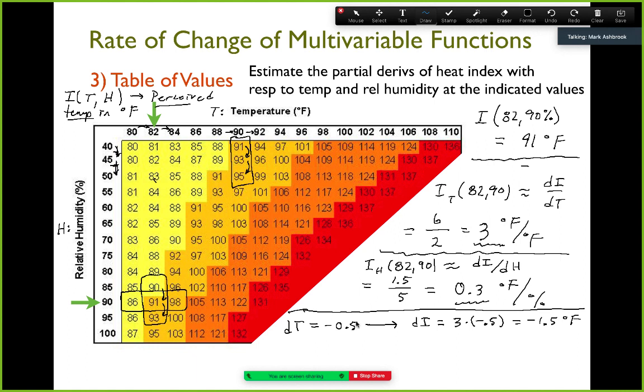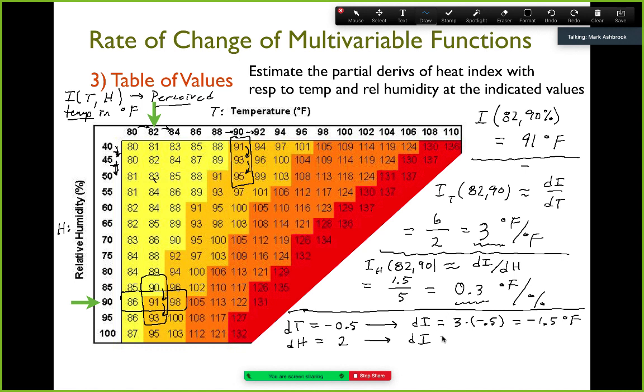All right. What would you say if the humidity went up by 2%? So say we're here, 82, 90 degrees, and the humidity goes up by 2%. It would feel like the temperature went up by 0.6. Okay, so now they're changing, and we have the rate of change, and we have a change, so that we can figure out how much the perceived temperature is going to change.